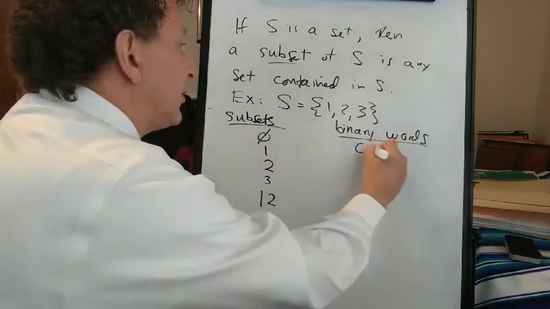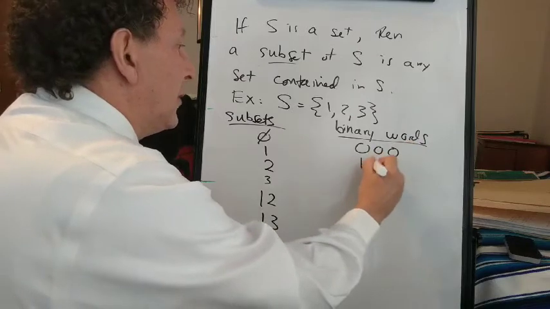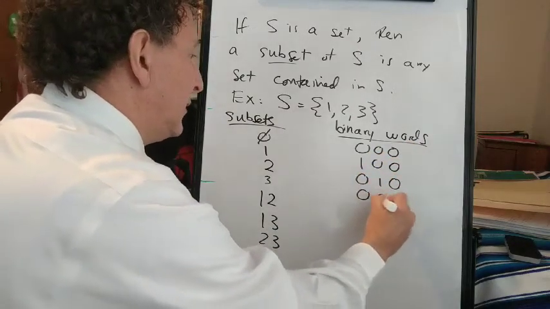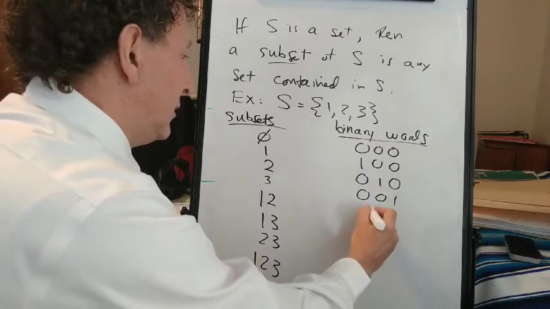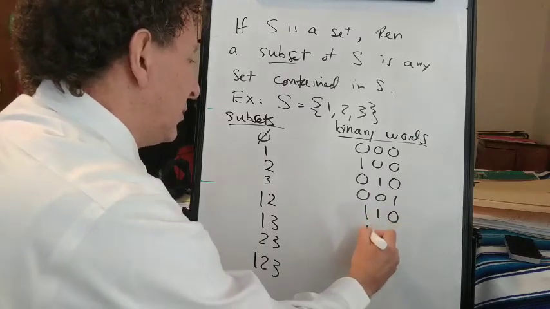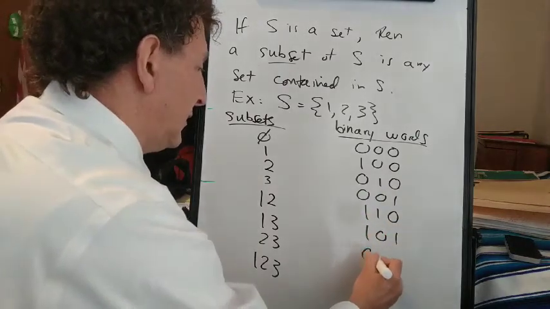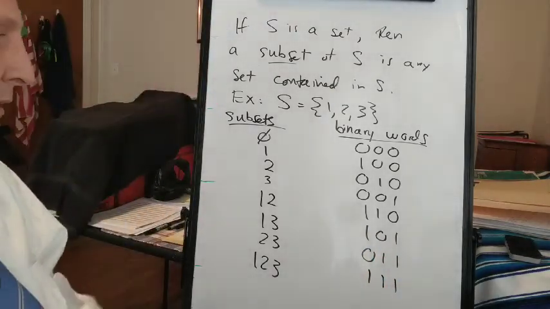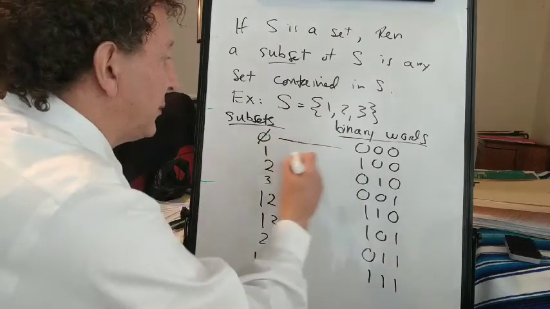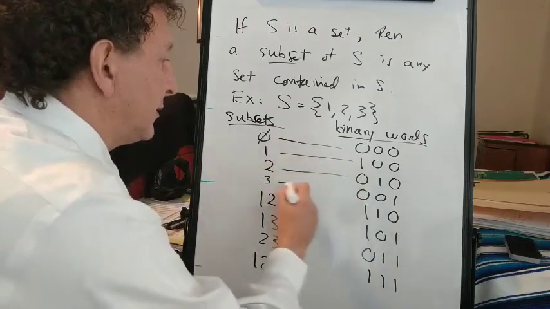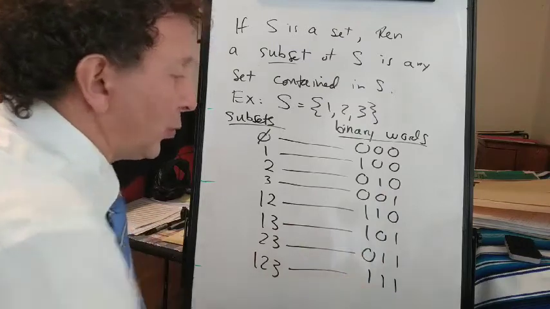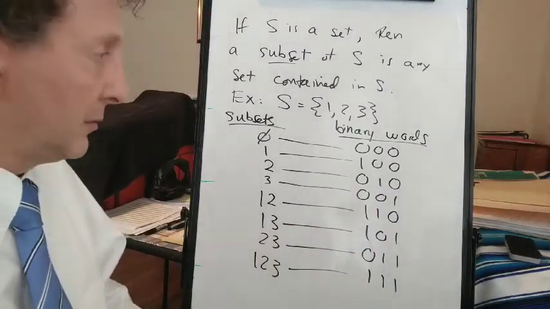We have the words 000, 001, 010, 011, 100, 101, 110, and 111. The correspondence between the subsets and the binary words is that every binary word has ones in some positions.